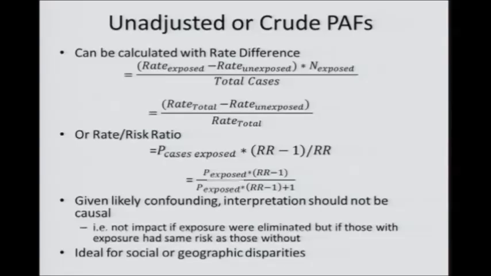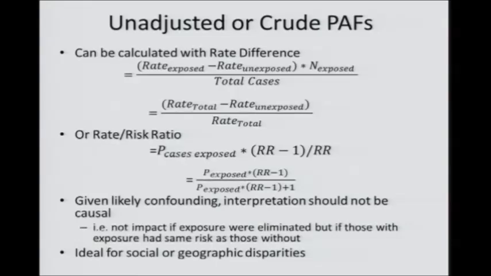And given likely confounding with unadjusted risk differences or risk ratios, the interpretation really shouldn't be causal. So it's not that if that exposure were eliminated, but if that exposure didn't carry the same risk.